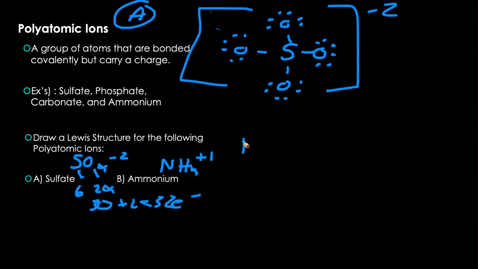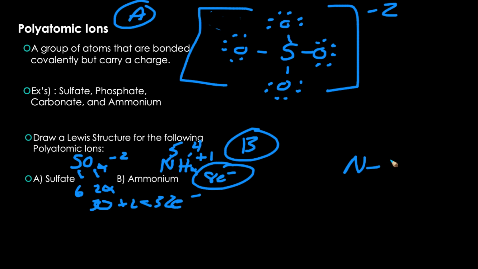Now, NH4+, we have 5 from nitrogen, 4 from hydrogen. So 5 plus 4 is 9, but minus 1, because of the positive one, will give us 8. So I'll have nitrogen in the middle with 4 single bonded hydrogens around the nitrogen.